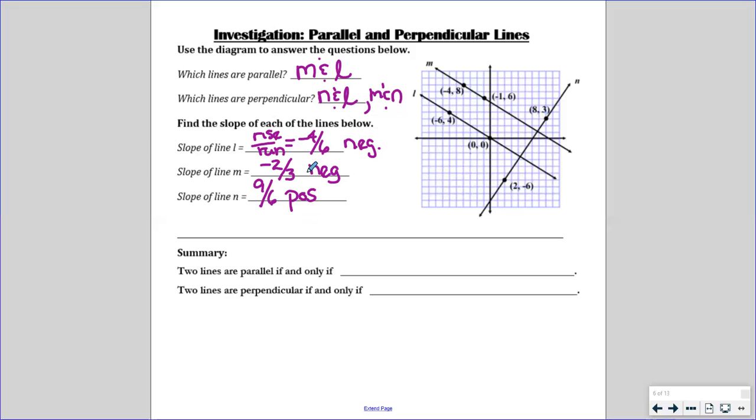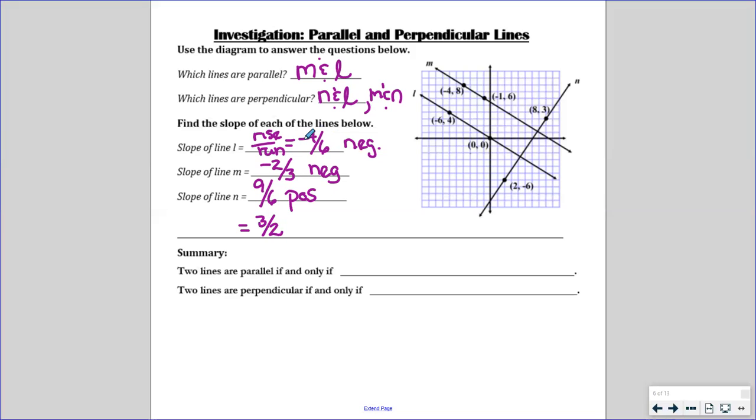So looking at the numbers, we stated that M and N are perpendicular and L and N are perpendicular. Let's look at the numbers. If we were to reduce this, so let's say have 3 in common, so it'd be 3 over 2. And then we have this one -2 over 3.